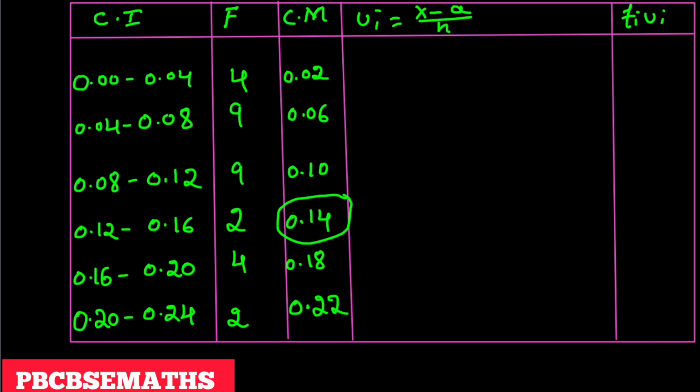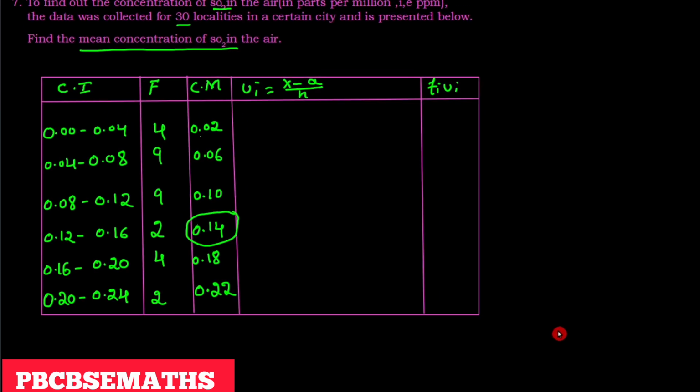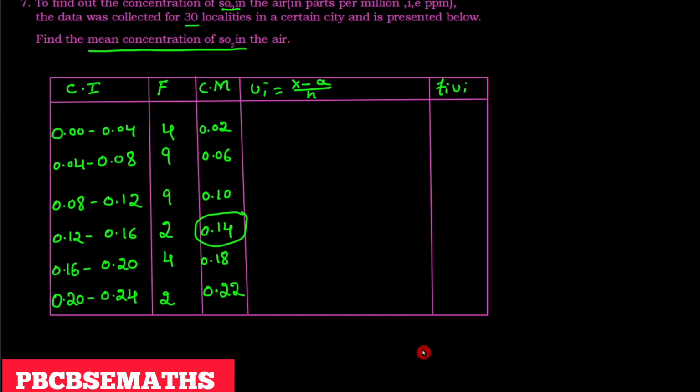So what we can write here is, a value is 0.14 and the value of h is upper limit minus lower limit, that is 0.04. We got the value of a, we got the value of h. Let's calculate this u i now. So first one, we have the value x as 0.02.